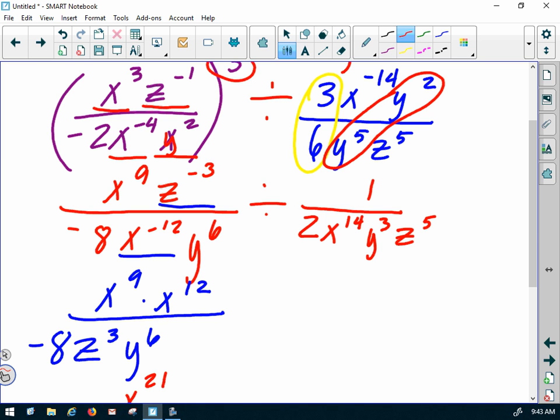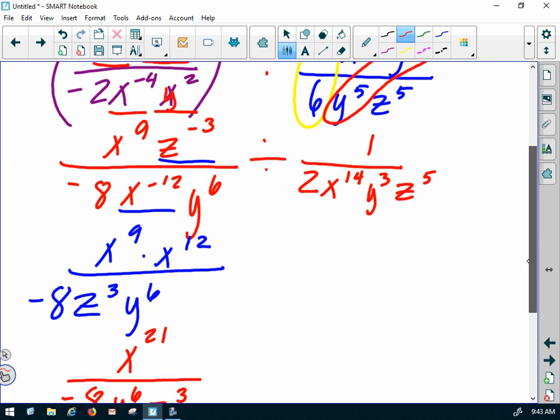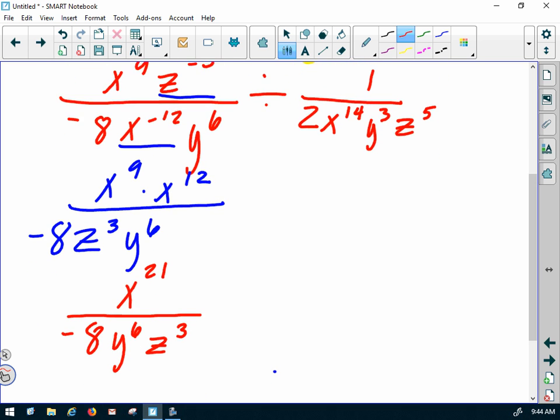Oh, but dividing by a fraction is the same as multiplying by its reciprocal, so it's times 2x to the 14th, y cubed, z to the 5th power. Do I need to write divided by 1? You can if you want.